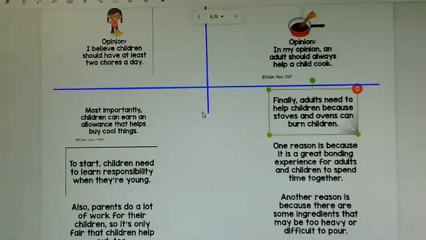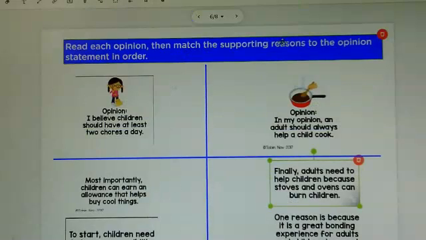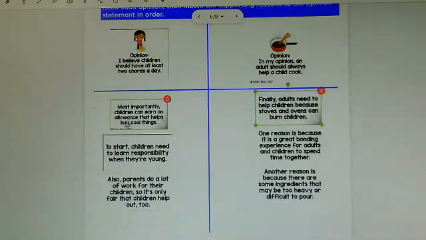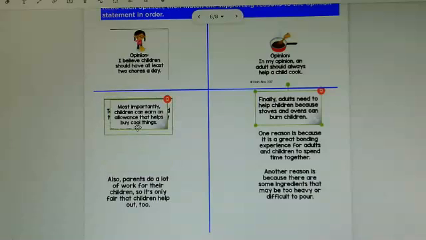Okay, so I have them in place, like which opinion they go with. Now I need to go back and I need to put the statements in order. So that means I'm looking for which one of these 3 statements would come right after my opinion statement. Let's see. I believe children should have at least 2 chores a day. Well, look at this. It says to start. Generally, we start at the beginning, so this one goes here.